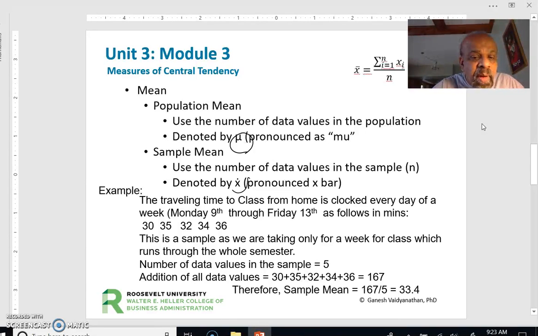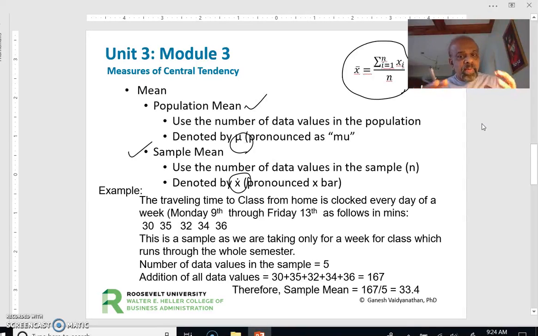When we say x bar, that is actually the sample mean. So if I take the whole population and find the mean of that, that is the population mean. If I take a sample from the population and then find the mean of that, that is going to be the sample mean. Okay? So when I say sample mean, basically I denote using this formula.